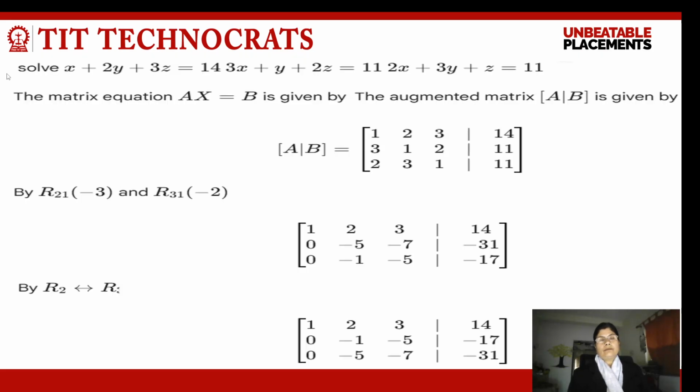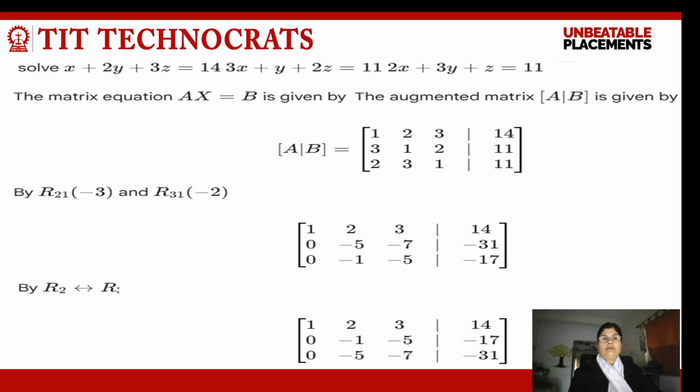So we know that if the rank of the augmented matrix and the rank of the coefficient matrix are equal, then the equations are consistent. And if the rank of A is not equal to the rank of the augmented matrix, then the equations are inconsistent.